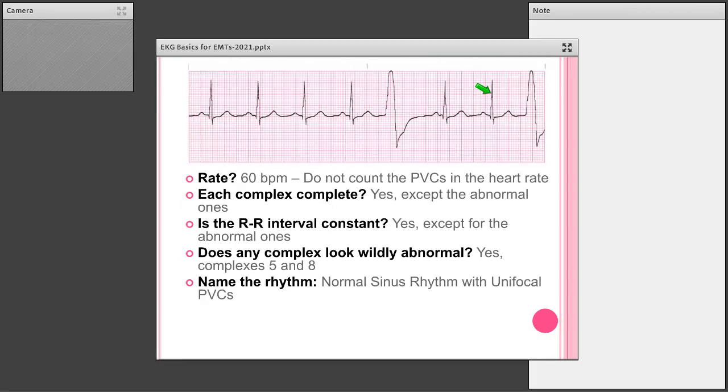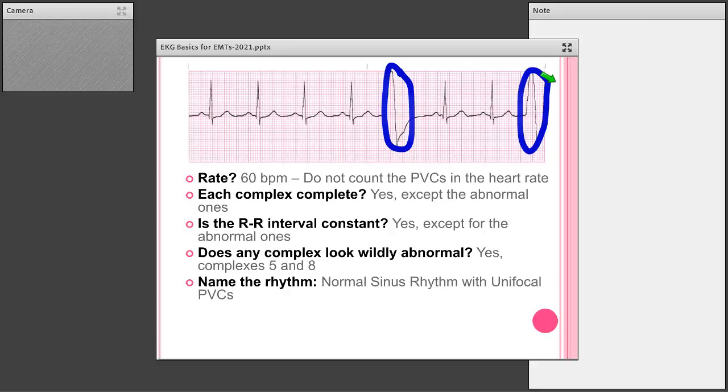Unifocal PVCs mean they look the same. So this PVC looks the same as this PVC. So saying there's one irritable focus in the heart, in the ventricles, as opposed to multiple ones. And multiple irritable spots would be more of an issue than just one irritable spot. So it's about a rate of 60 because we're not going to count our PVCs in this.